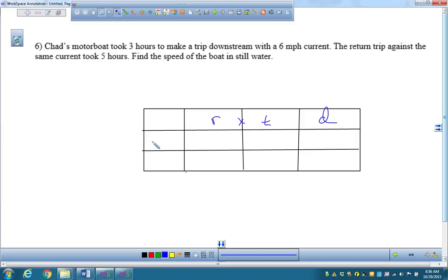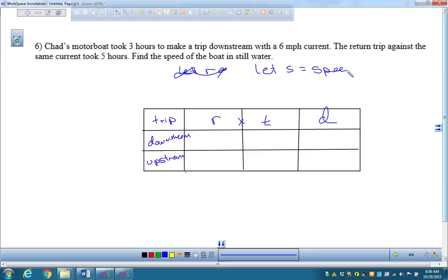So what you want to do is put over here the trip: downstream, and here's the upstream trip. Let S equal speed in still water.